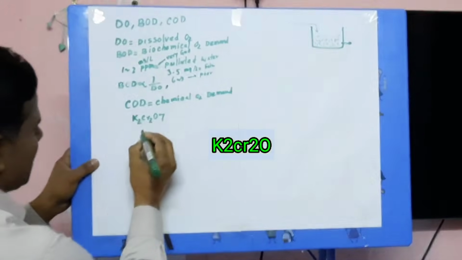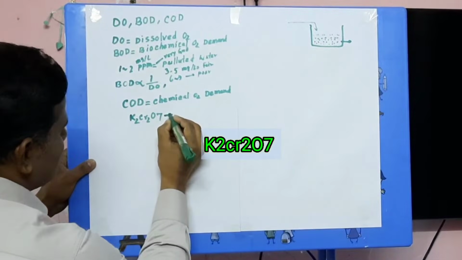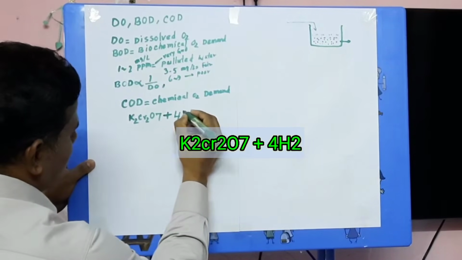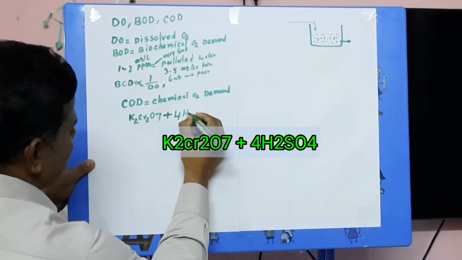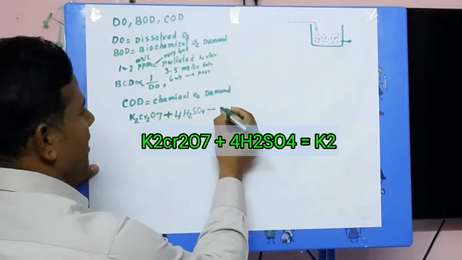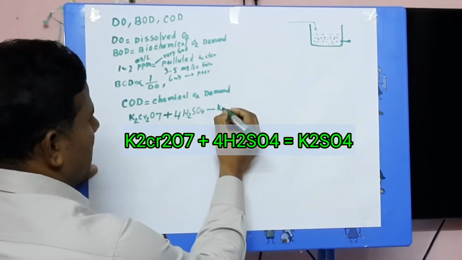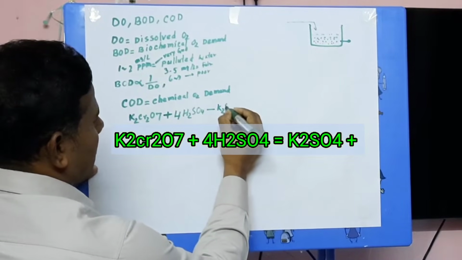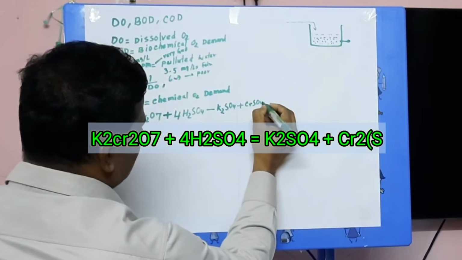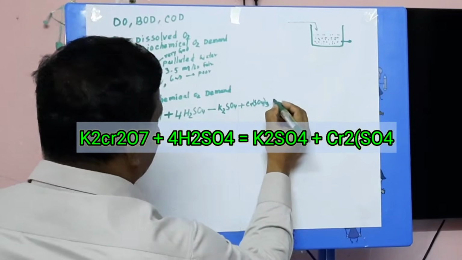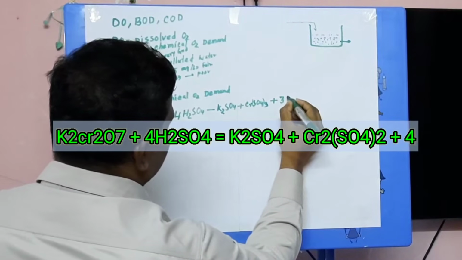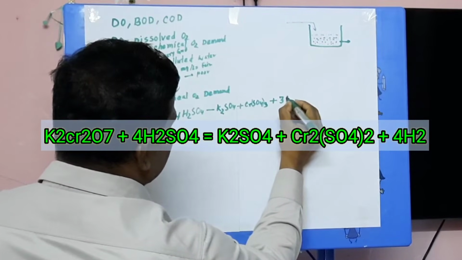Potassium dichromate reacts with sulfuric acid. If it reacts with 4 moles of sulfuric acid, what will it create? It will create potassium sulfate plus chromium sulfate plus 3 oxygen.